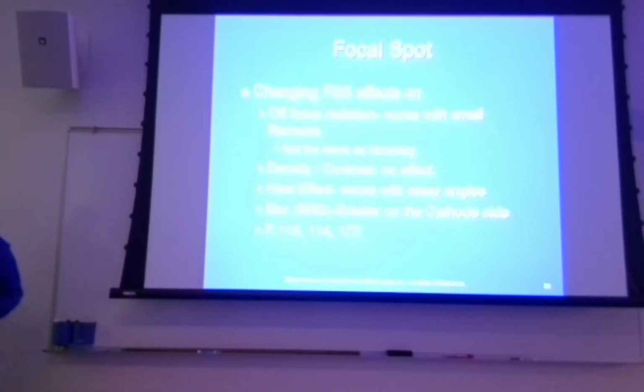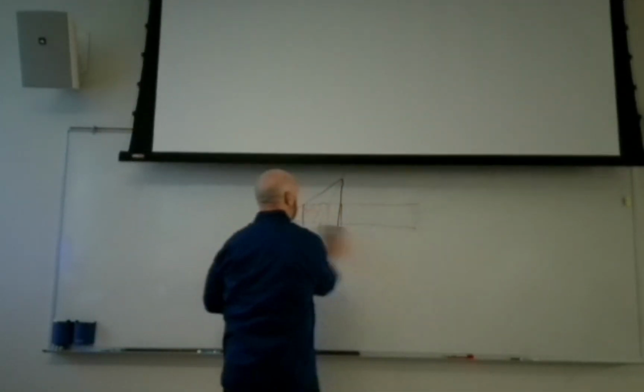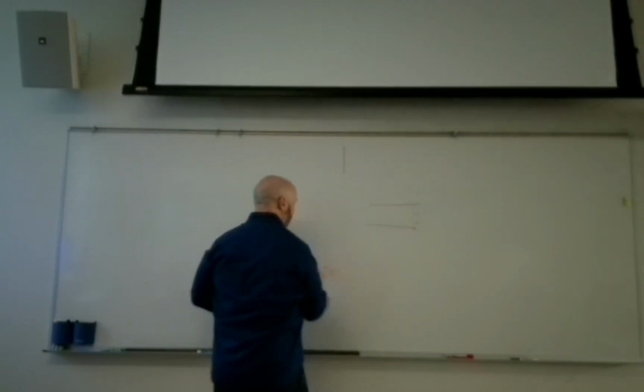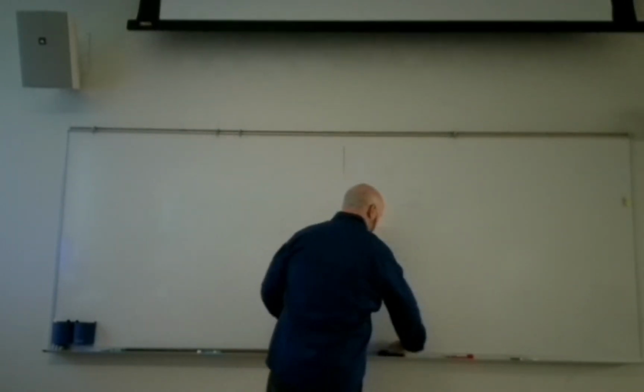So the heel effect, I'm going to bring this back up and we're going to take a look at the heel effect. And where it's worse. We've got two different things in the heel effect. You've got what we recognize as a heel effect, and that is that you're going to have more intensity on which end of the X-ray tube?